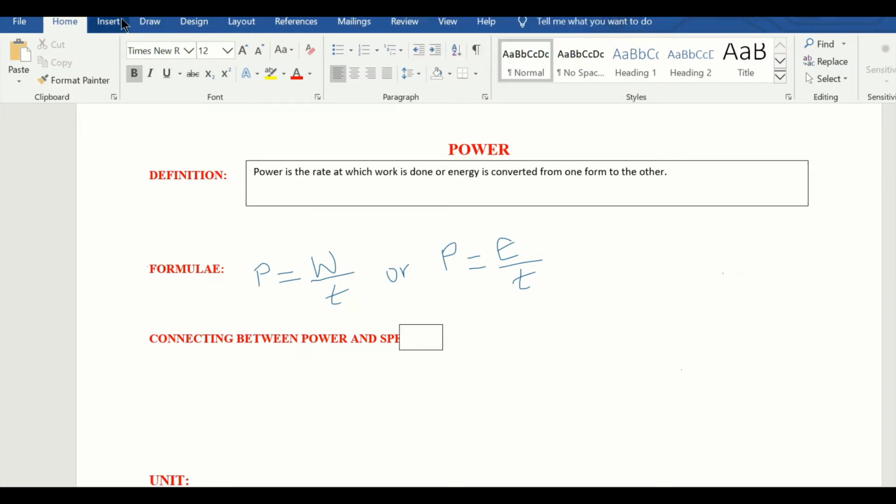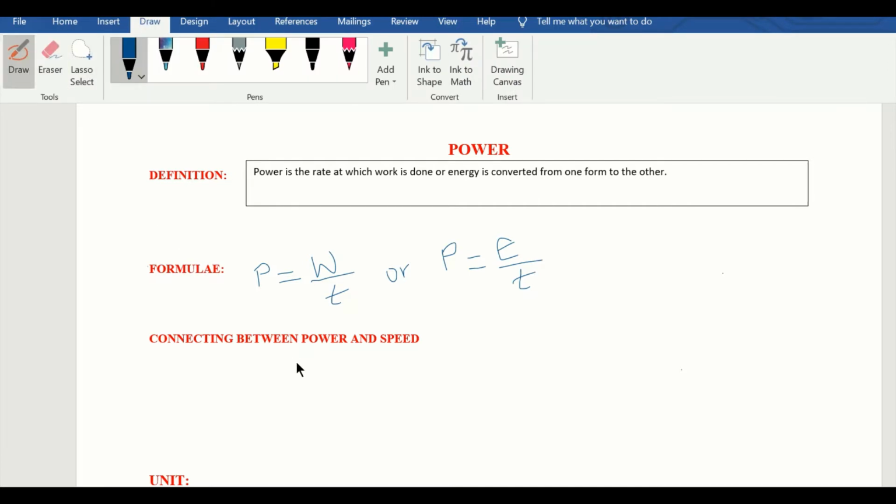Now I will show us a next formula for power, a next equation that we can use to solve power. This equation connects power to speed. From this equation, power is equal to the work done over the time taken.